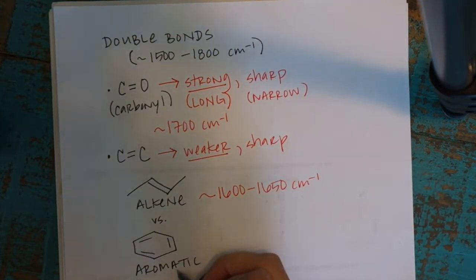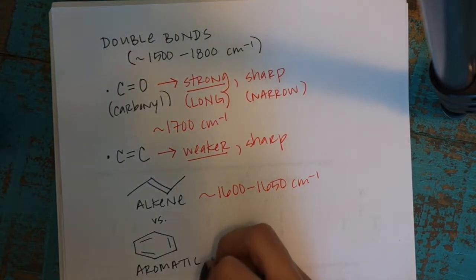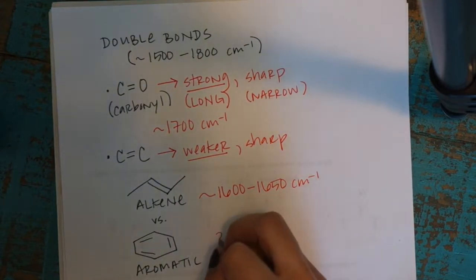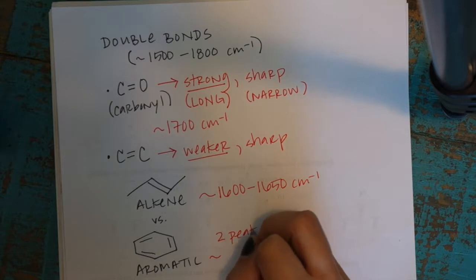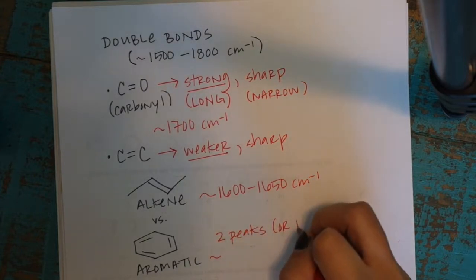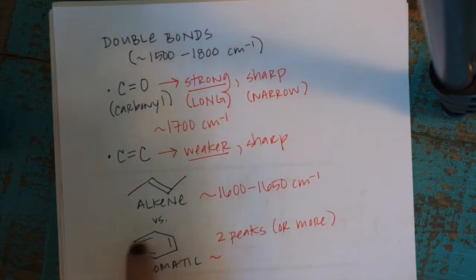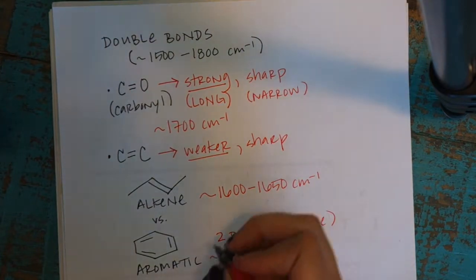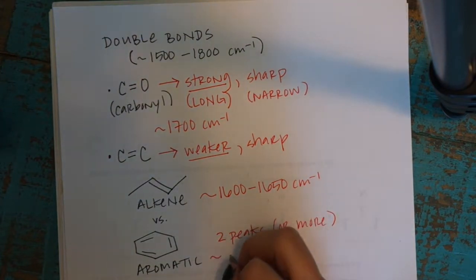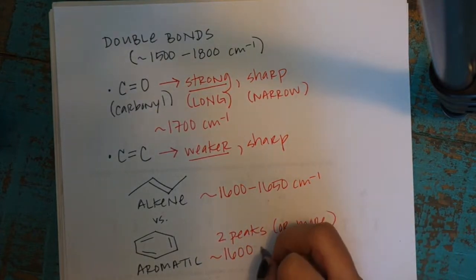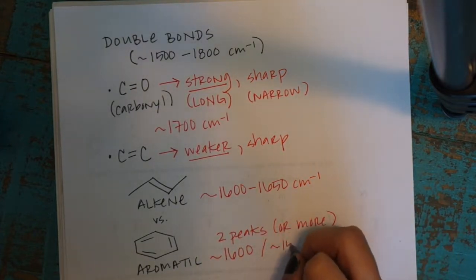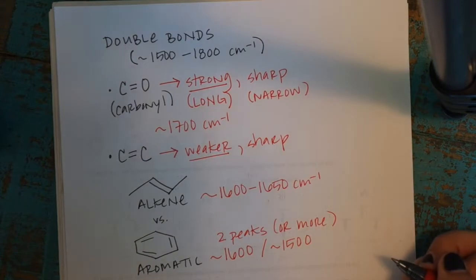And then the aromatics, you'll get 2 peaks a lot of the time, sometimes more. Again, it depends on what's going on on the aromatic ring, but a lot of the time you'll get 1 peak hovering right around 1600, and then a second peak that hovers around 1500.